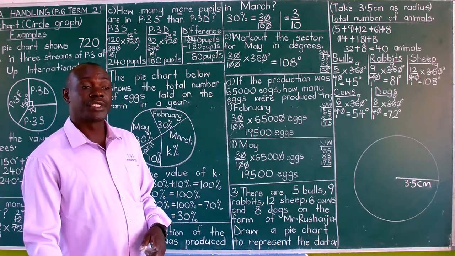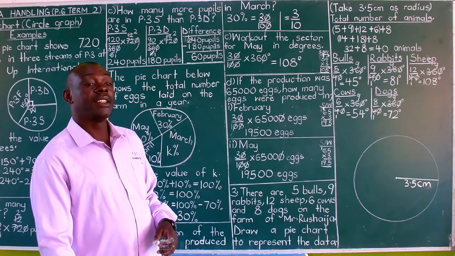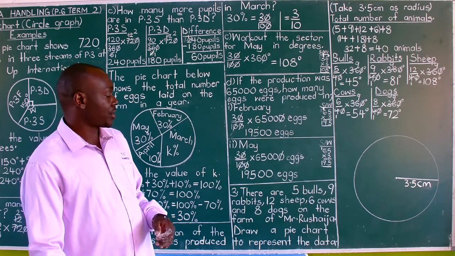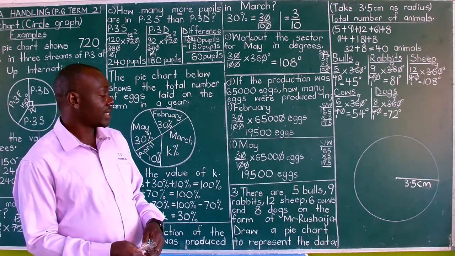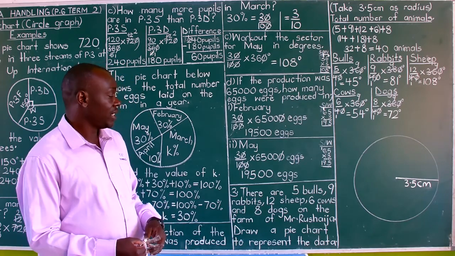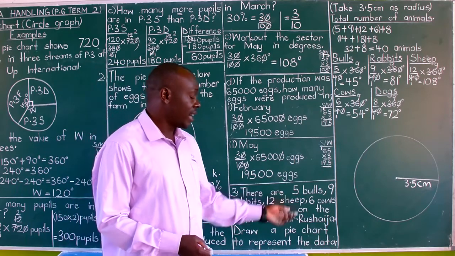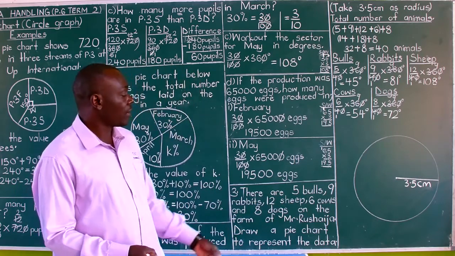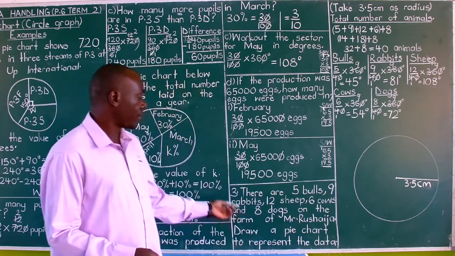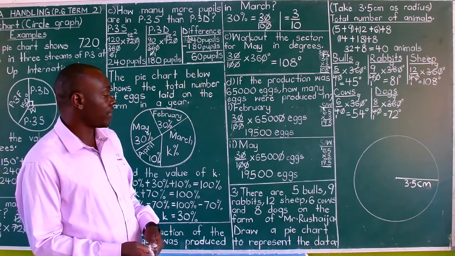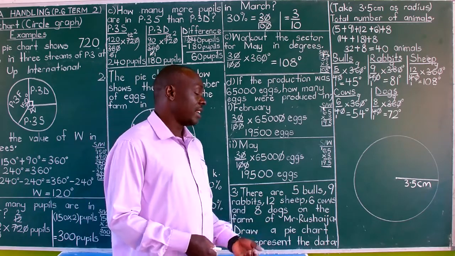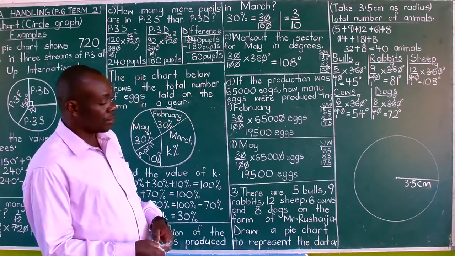We convert every sector to degrees and ensure you have got a fraction each kind of animal does constitute. Now we don't have the fraction for bulls, rabbits, sheep, cows, or dogs.